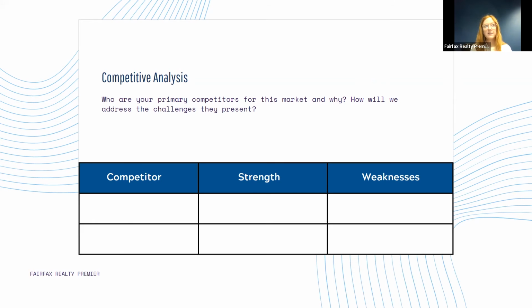What are the weaknesses that you have as strengths? What can you use against that? So it's always good to determine who your primary competitors are and what challenges they present. Somebody give me an idea of a real estate company that could be a big competitor for Fairfax Realty right now.